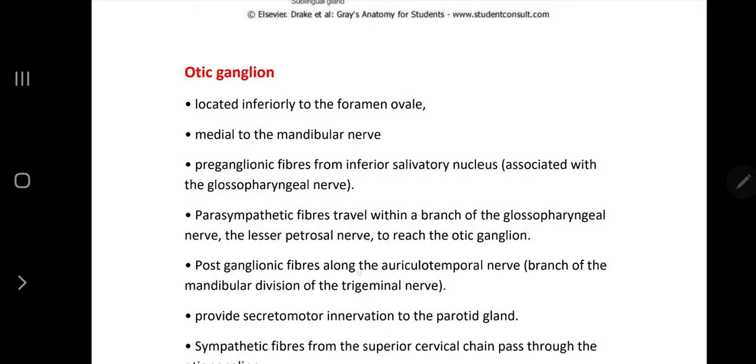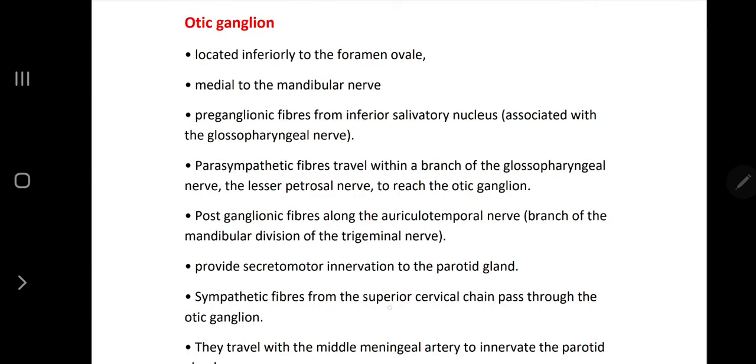Postganglionic fibers travel along the auriculotemporal nerve, a branch of the mandibular division of the trigeminal nerve, to provide secretomotor innervation of the parotid gland.